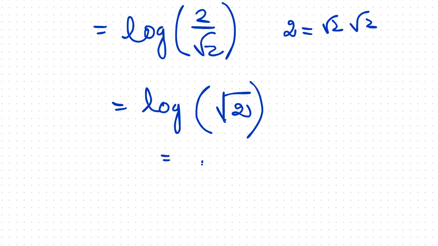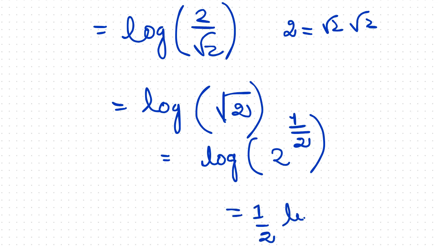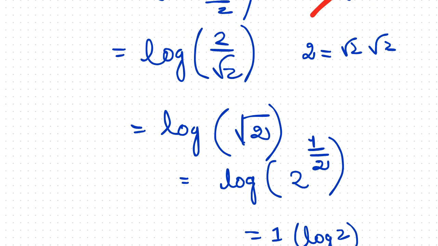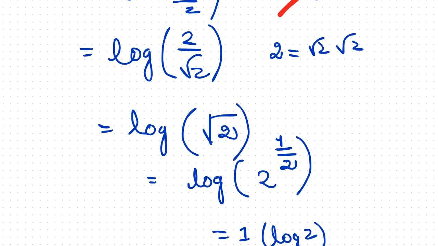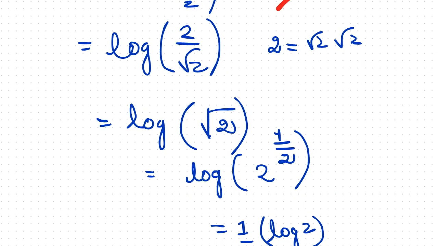So log of root 2 means actually 2 to the power 1 upon 2. What happens to the exponent is, for logarithms, it jumps out. So it is 1 upon 2 into log 2. First one. Okay, let's stop.